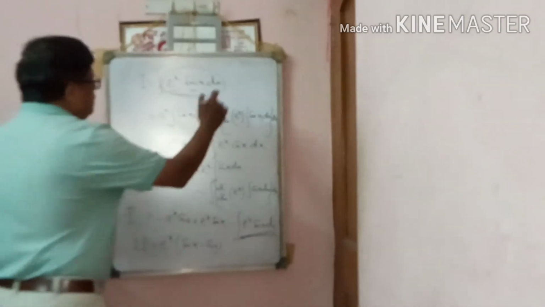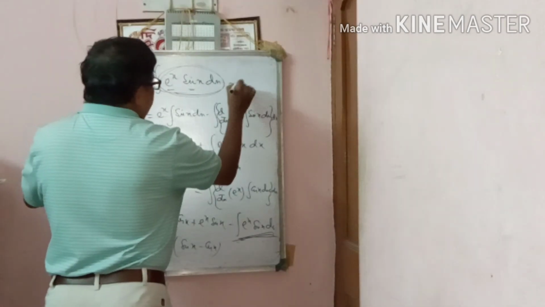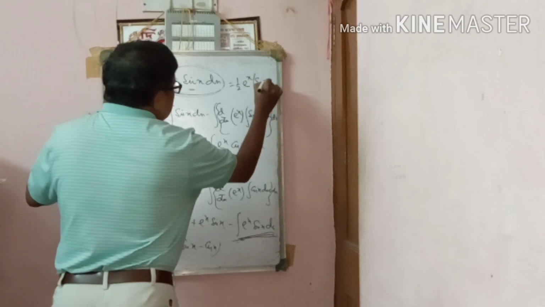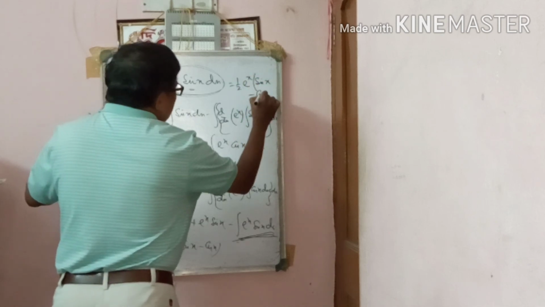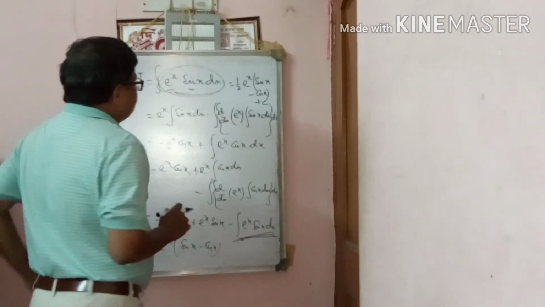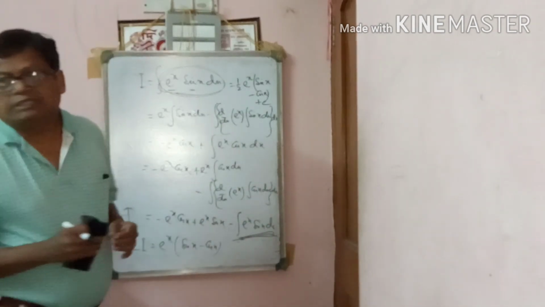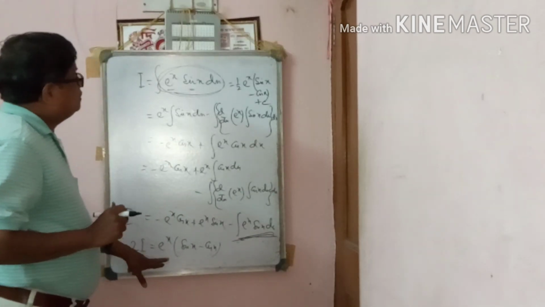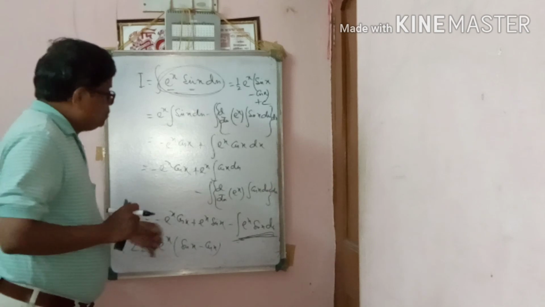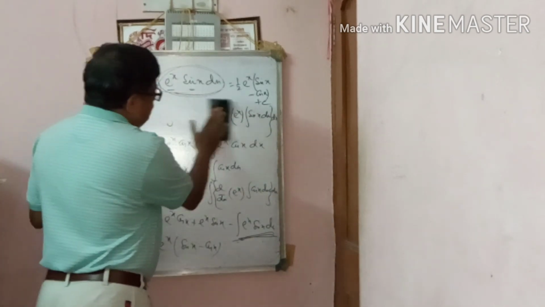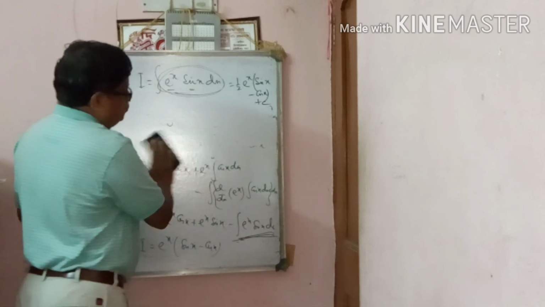So answer is coming here: half e to the power x into (sin x minus cos x) plus c. Okay. Now this sum I am doing in a shortcut process.